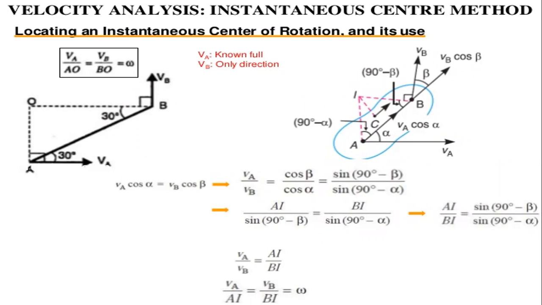So first of all, from the previous slide, we know that velocity of A by AO is equal to velocity of B by BO, which is equal to the angular velocity.